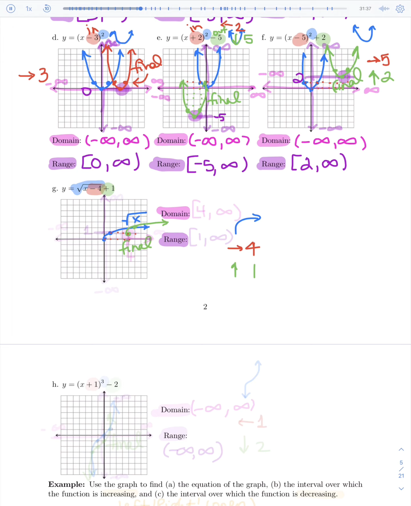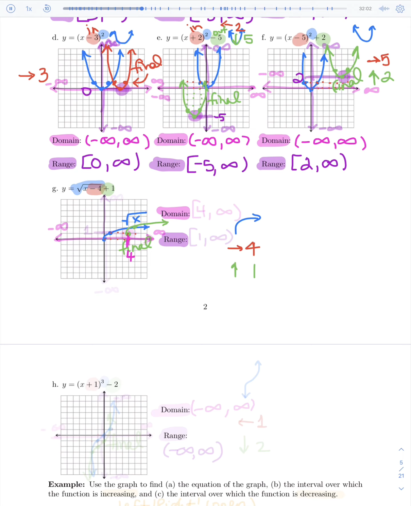Working on our domain, working from negative infinity to positive infinity, from left to right, notice our graph on this one does not even start until we get to, on the right-hand side here, a positive 4.